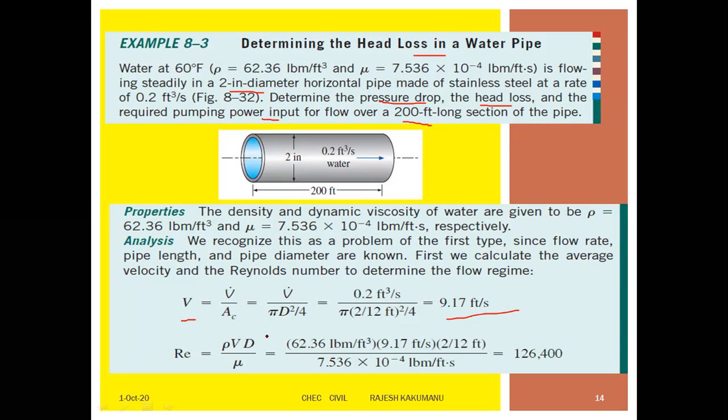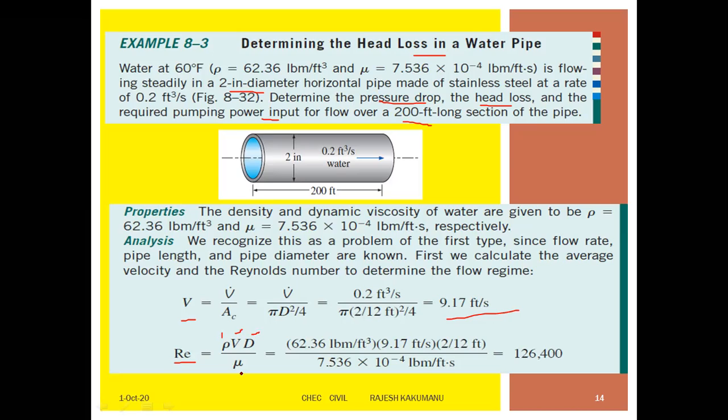Now what is the thing? Re you have to find, the Reynolds number. So the Reynolds number is equal to rho into VD by mu. And what is the rho according to the given data? 62.36. V is equal to 9.17. D is equal to 2 by 12 divided by mu, which you have to write.